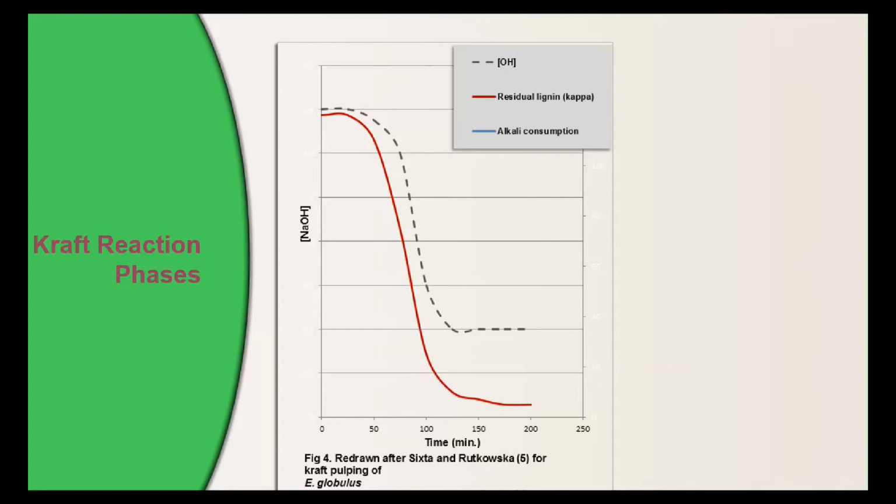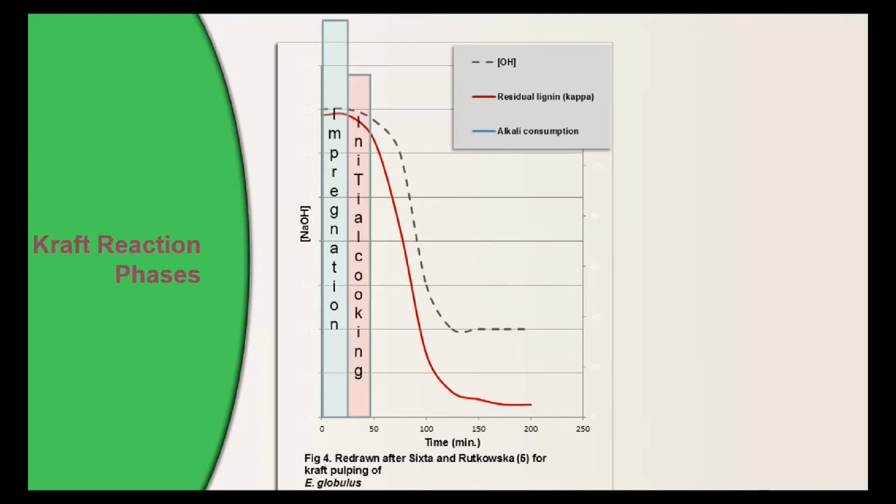So let us now divide this reaction into different stages. The first stage is the so-called impregnation stage, and you can see in that stage there is very little reaction happening and very little, if any, lignin is dissolved because the temperature is very low. In the next phase, the initial cooking phase, there's a little bit of reaction happening as the temperature is increasing, some of the lignin is dissolved.